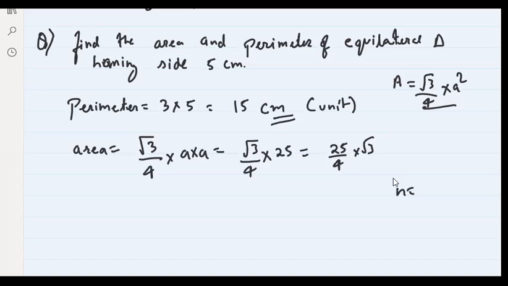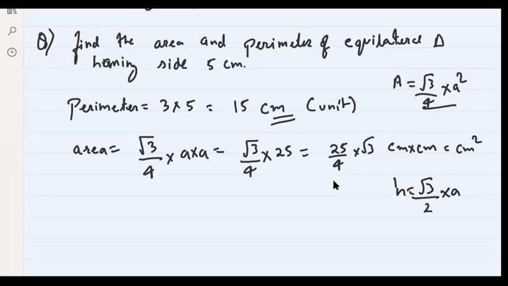Height is root 3 by 2 into a. Area is root 3 whole divided by 4 into a square, and height is root 3 by 2a. What about unit? Unit is centimeter into centimeter, because it is length into breadth. So it is centimeter square.